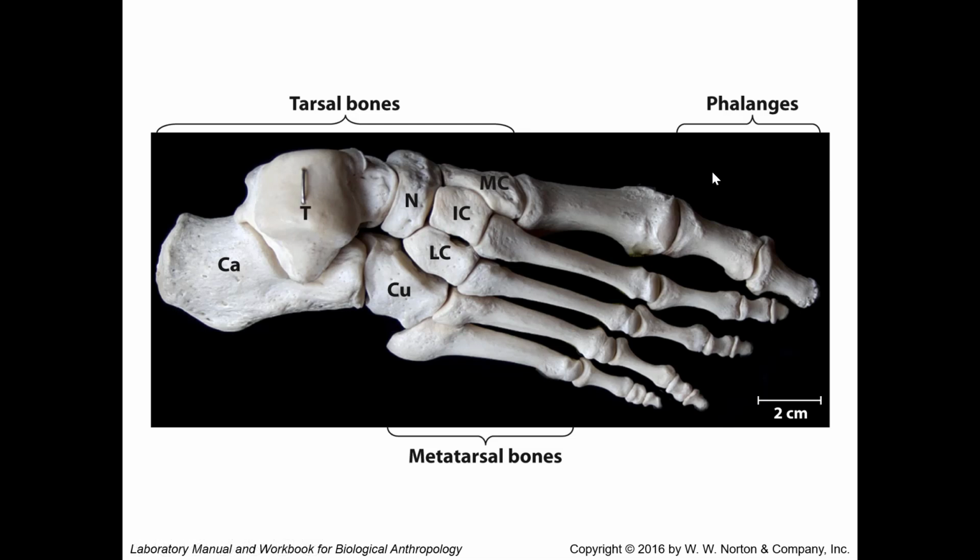Layout again is similar to our finger bones, and the hallux, which is the only one that has its own separate name, has only 2 phalanges, but the other toes have 3. From the metatarsals to the ends of the toes, the 3 phalanges of each toe are referred to as the proximal, the intermediate, and the distal phalanx.